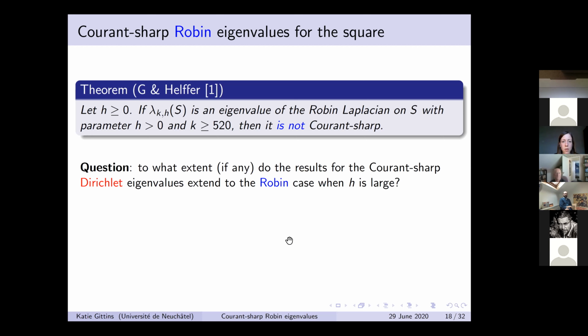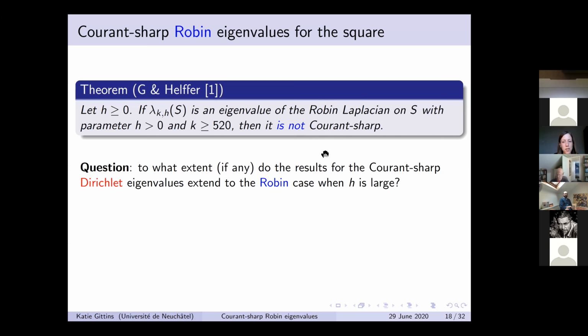And one thing that I should say is that this theorem did allow us at least to do a kind of bootstrap to show that the volume of the nodal domain can't be too small, which is related to the problem I mentioned earlier with the scaling of the Robin parameter when you rescale the domain. So that did help us out with that, and it did allow us to consider large h.